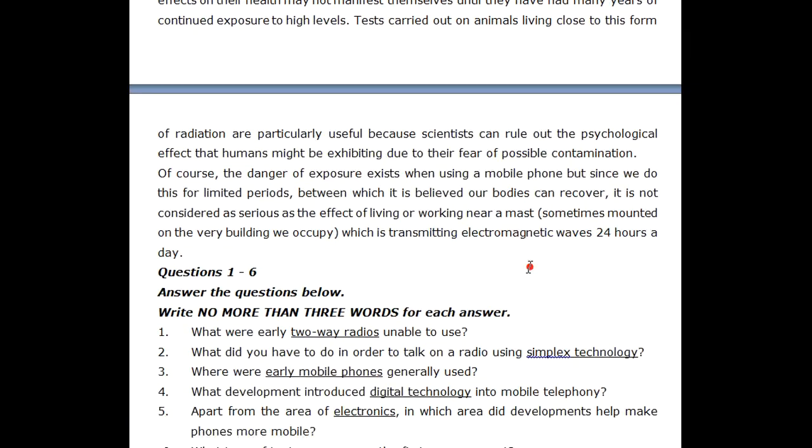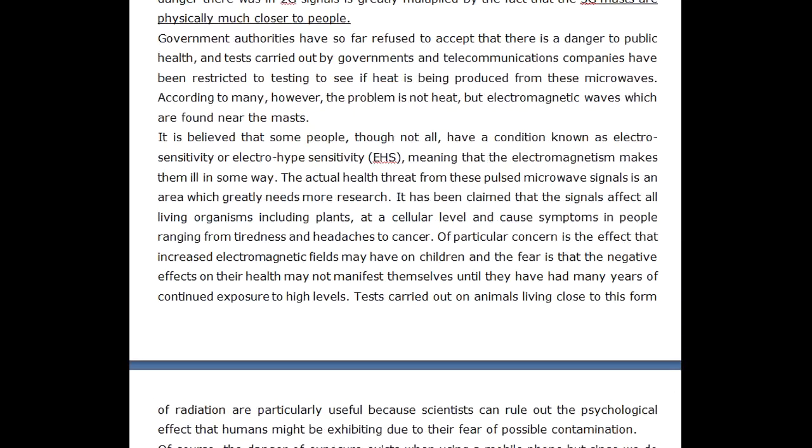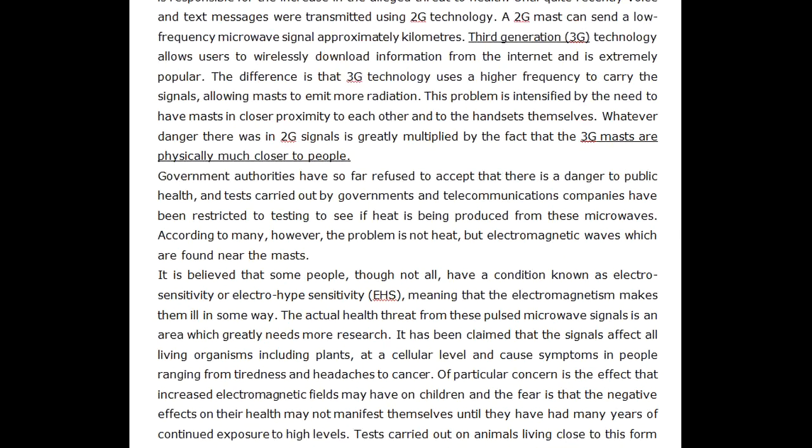Have we missed it? Yes, perhaps we have missed it. Perhaps we have to be more careful. So let's go back. Government authorities have so far refused to accept that restricted testing is safe. Plants.